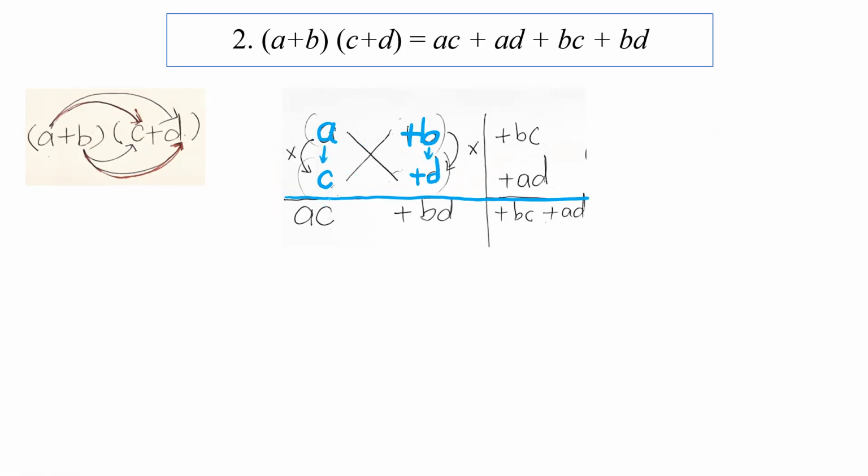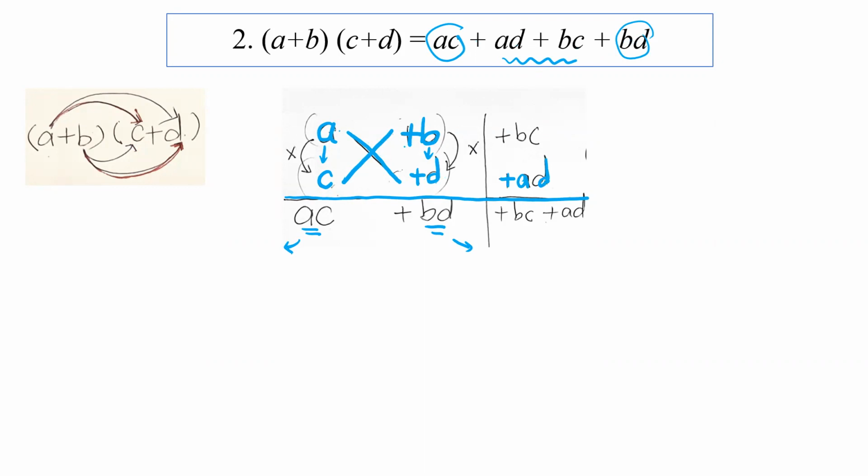All right, and then we can multiply like this. A times C is AC. B times D is BD. So this will produce the numbers at both ends, here AC and BD. Okay, and the one in the middle is the result of this cross multiplication, the big X here representing the multiplication symbol. So you have to cross multiply. A times positive D, you get positive AD.